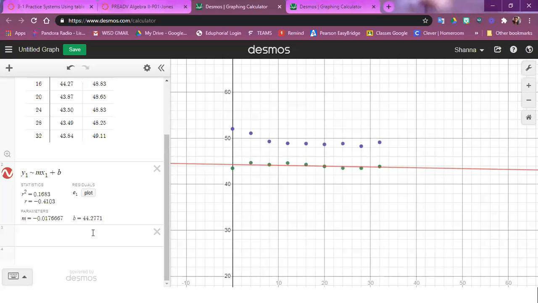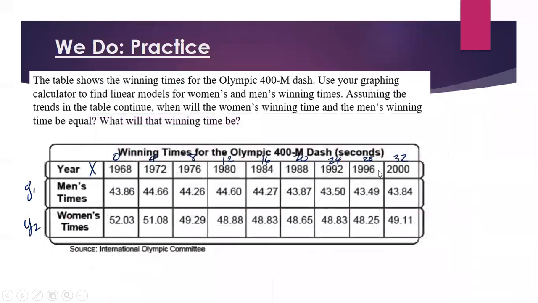So our y1 equals negative 0.02x plus 44.28. Let me write it down.